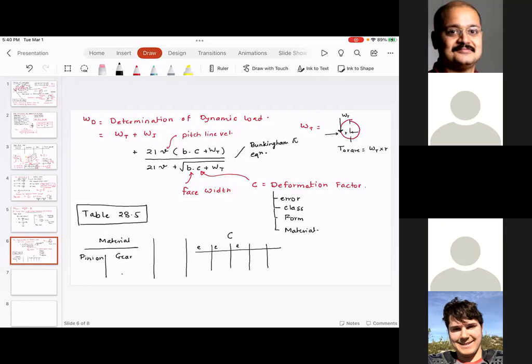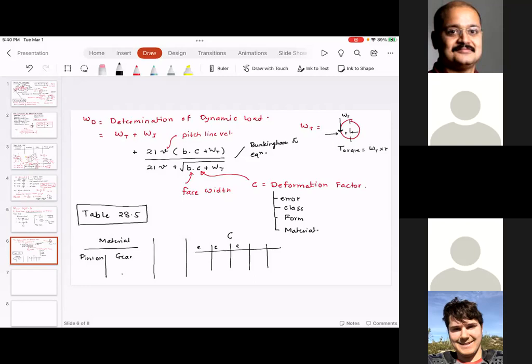If your deformation factor is large, that means your dynamic load is going to be large. Think about it: if your gears are not precisely cut, they are going to run noisy. That means the intermittent load is significantly higher than if the gears were cut by a high-precision, accurate cutter.